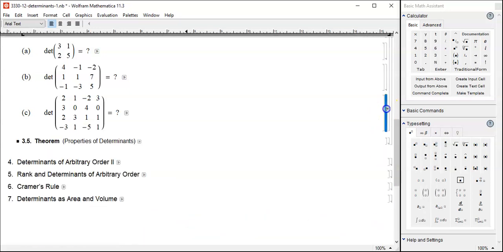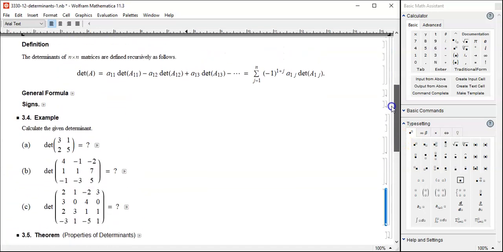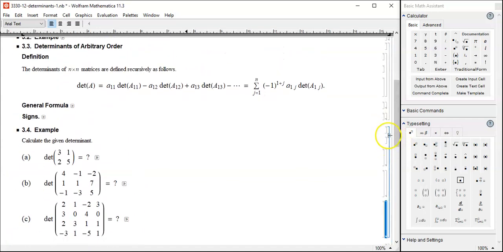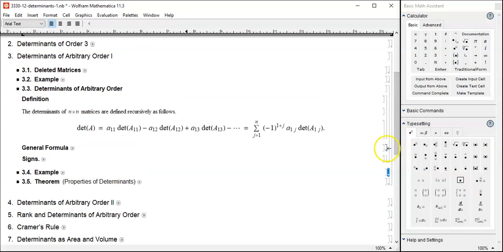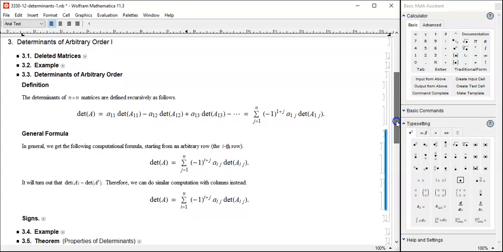So we have multiple computational formulae for determinants. They're all recursive, and you can use whatever form suits you the best. If you have a lot of zeros in a certain column, go ahead with the column formula.